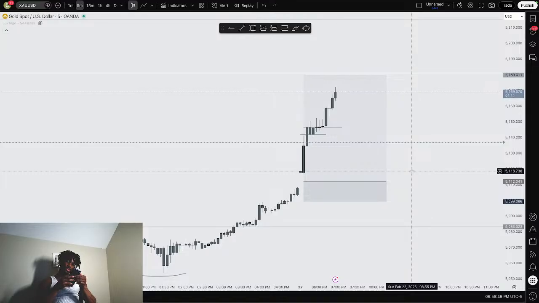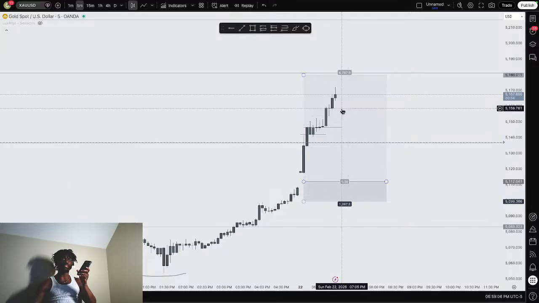So what I want to do is manage this trade properly, the right way. This 5 minute candle is still forming, so I can't move my stop loss below this 5 minute candle yet because the candle is still forming. So with me in this trade, I'm going to have all of my stop losses below this 5 minute wick at 50, 51, 57.